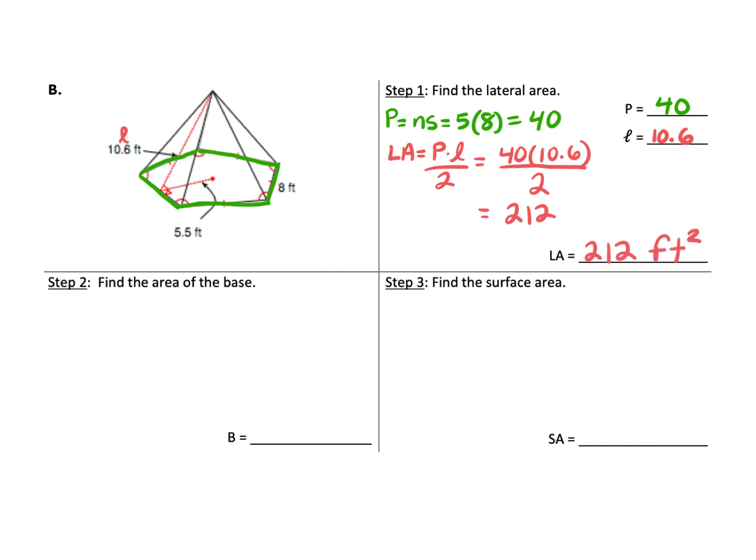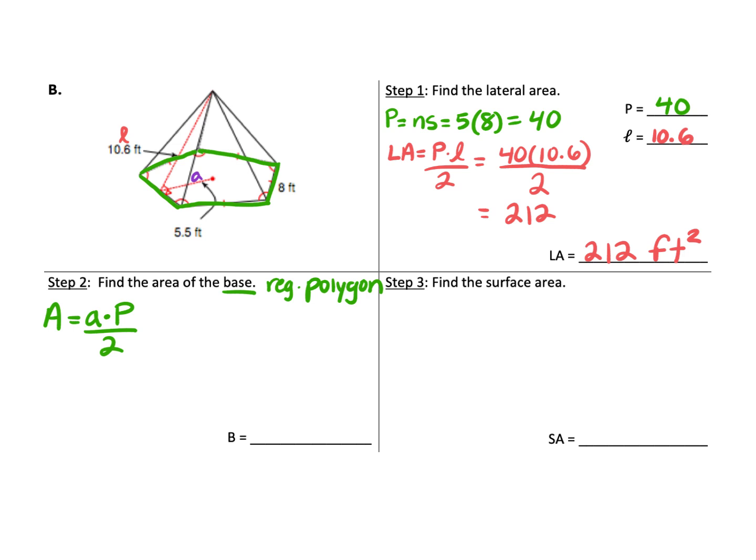Now let's find the area of the base. This base is a regular polygon, and the formula for calculating the area of a regular polygon is area equals the apothem times the perimeter divided by 2. Now the apothem is marked in the picture. You can see that's right here, the 5.5. And then the perimeter we already calculated in step 1.